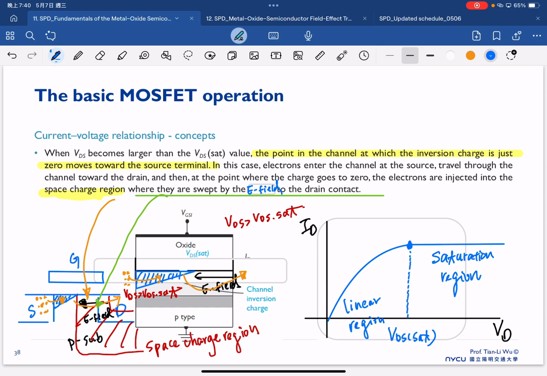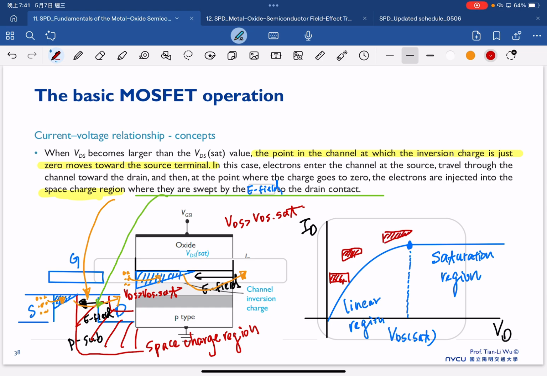And then the electrons in the channel can be schematically drawn. In the beginning we have a uniform channel, and once we start to increase the drain bias, the voltage drop in the drain side decreases, so the uniform channel becomes trapezoidal, and once it reaches a certain point it becomes triangular.